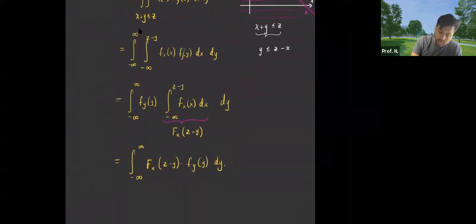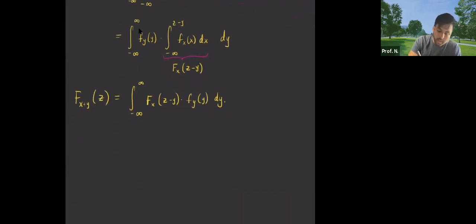So what we just discovered was the cumulative distribution function of x plus y. And this here is known as the convolution, the convolution of the distributions f of x and f of y.